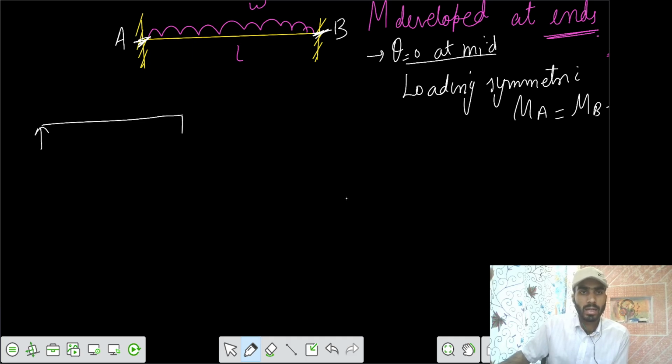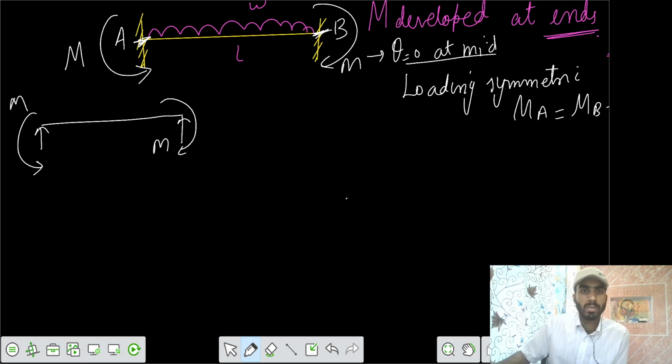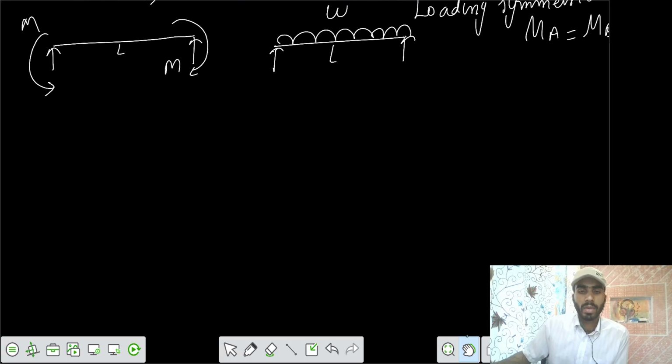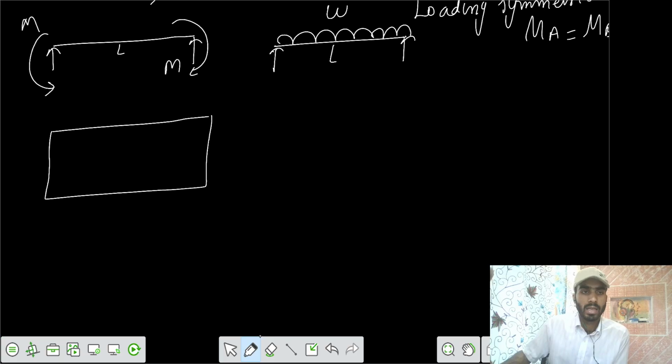Let's say it's a simply supported beam, and the moment developed here is M and the moment developed here is M. Similarly, you have a simply supported beam with the external load that you are applying, W for length L. If you make the separate BMD, for this one the BMD would look like a straight, constant line, M by EI. This is negative because your moment is anti-clockwise, hogging, so minus M by EI.